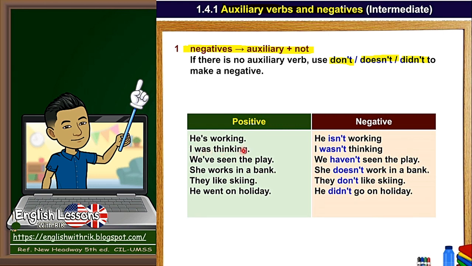I was thinking. I wasn't thinking. We've seen the play. We haven't seen the play. She works in a bank. She doesn't work in a bank. They like skiing. They don't like skiing. He went on holiday. He didn't go on holiday.